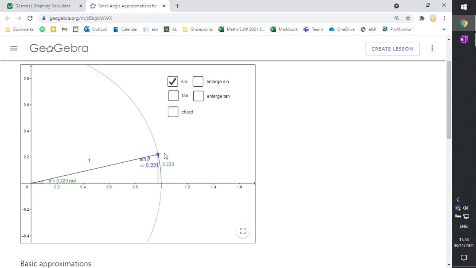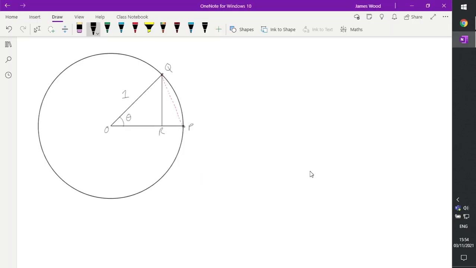Here they're both 0.22. Once we get to about 0.1 radians, they are very similar indeed, 0.097. Okay, until actually you can't visually see the difference anymore. So what we can say here is as theta tends to 0, so it gets very, very small, we can say that the arc Q to P becomes very similar in size to the line QP.